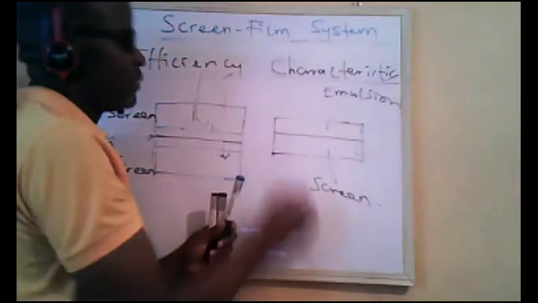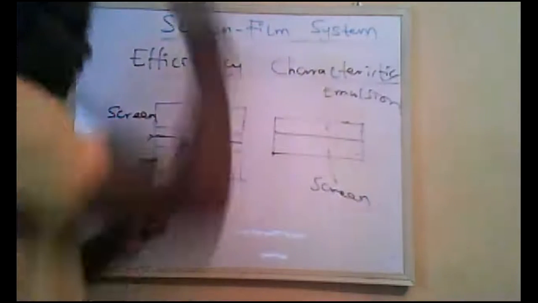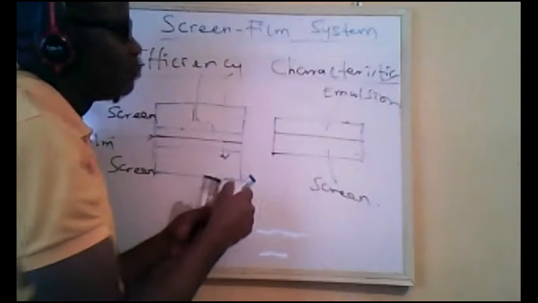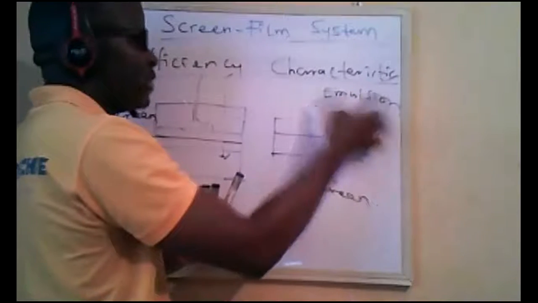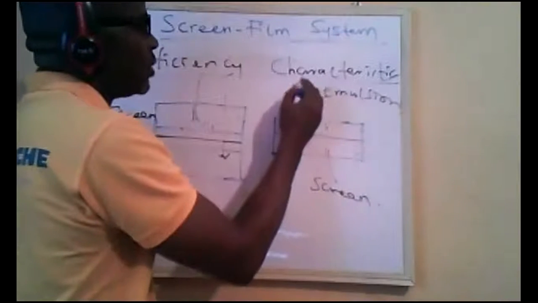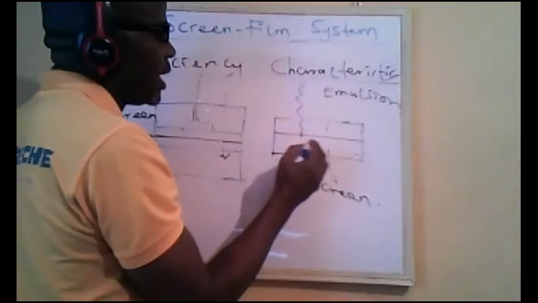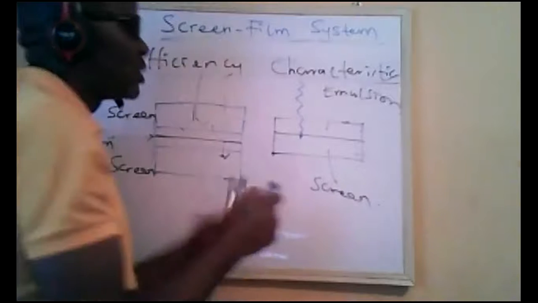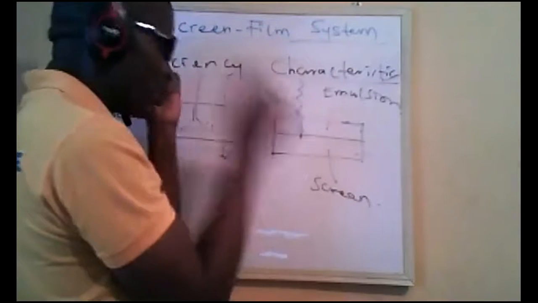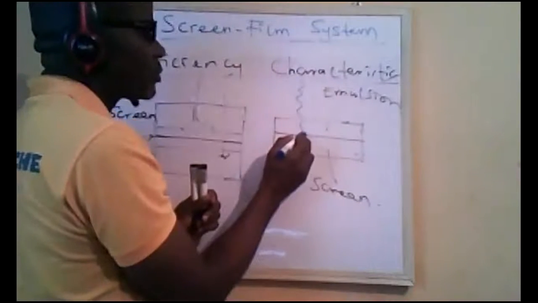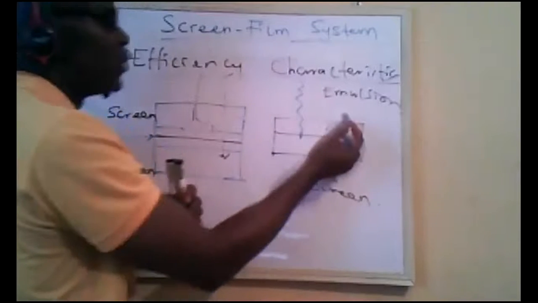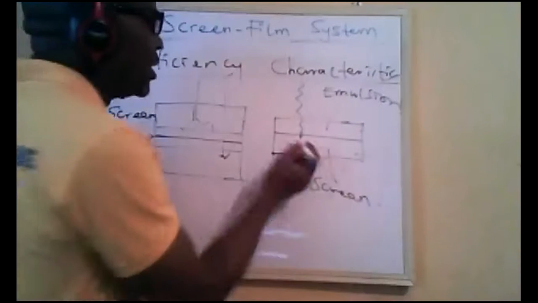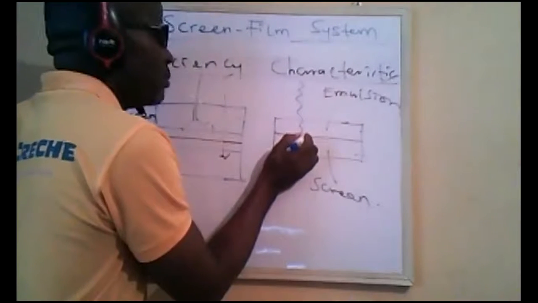Because the X-ray photons come in and interact with the screen, and most of them will interact at the top, at the junction between the emulsion and the screen, and light will be emitted. That light will immediately affect the film here.